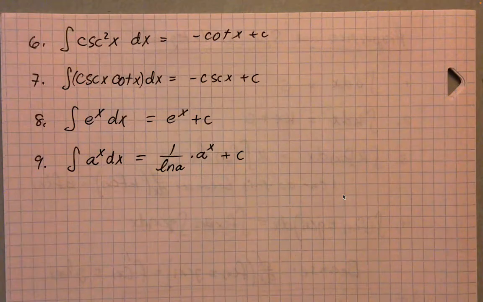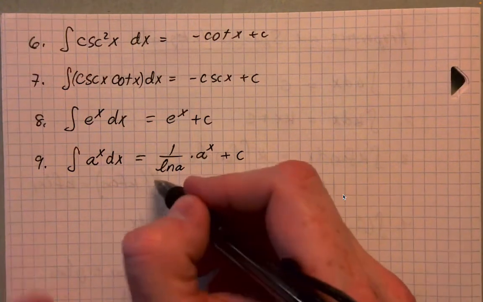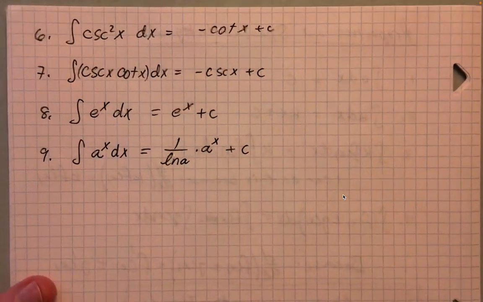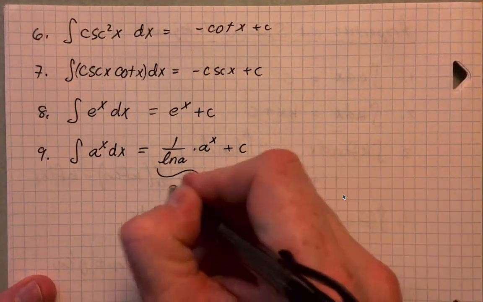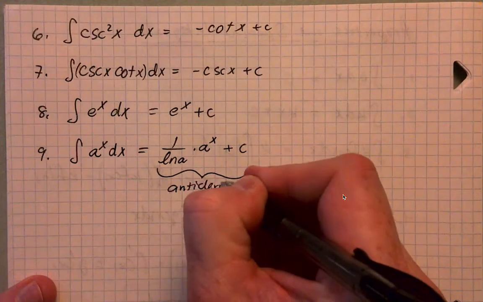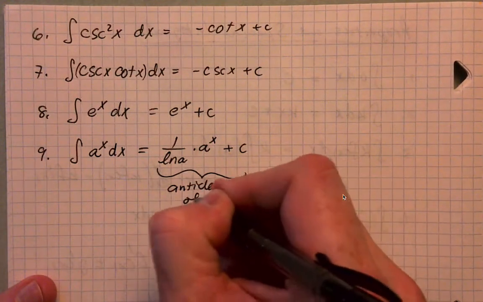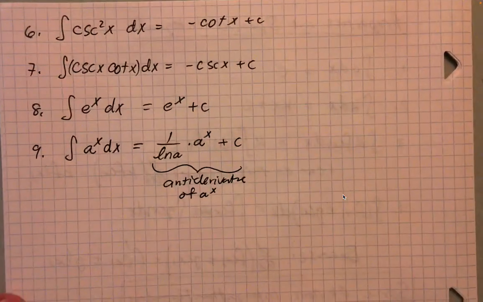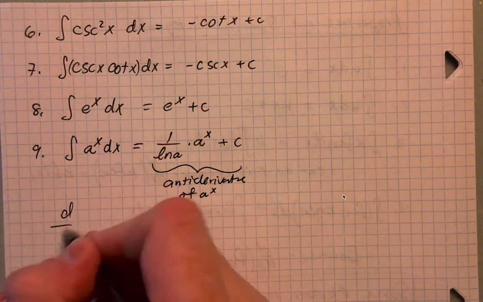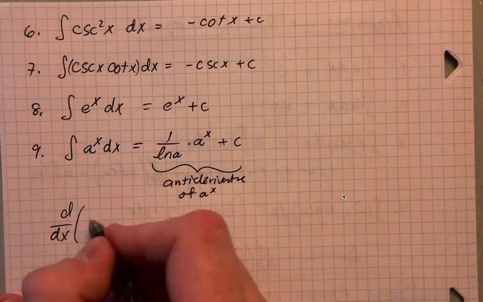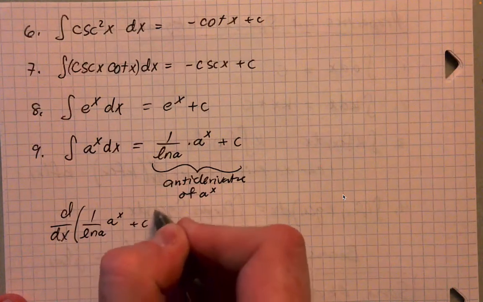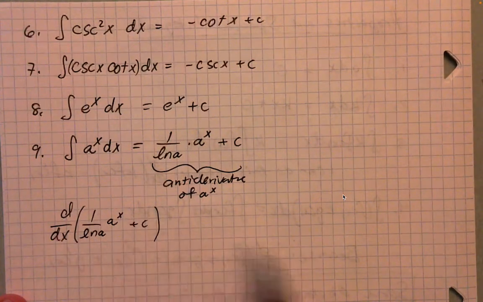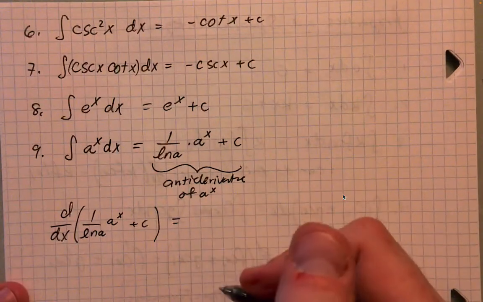Now let's talk about this one for a second, just to make sure that this is tracking. Where did this come from? Well, this is the antiderivative of a to the x. What does that mean? It means that d dx of this function, 1 over natural log of a times a to the x plus c, is equal to this.